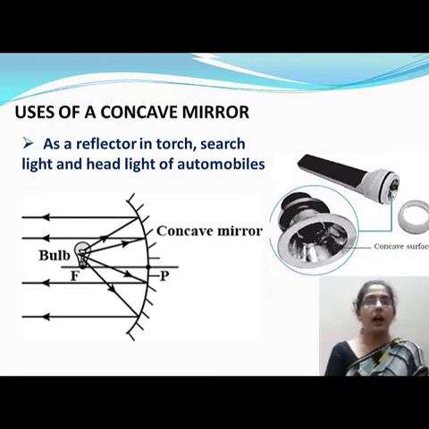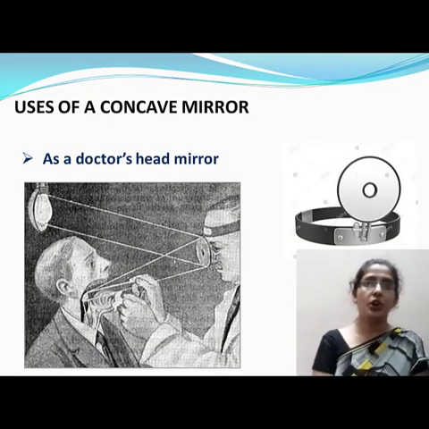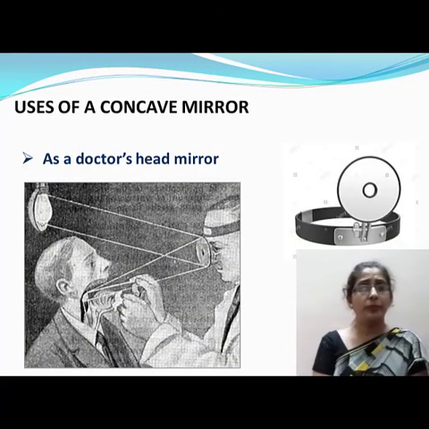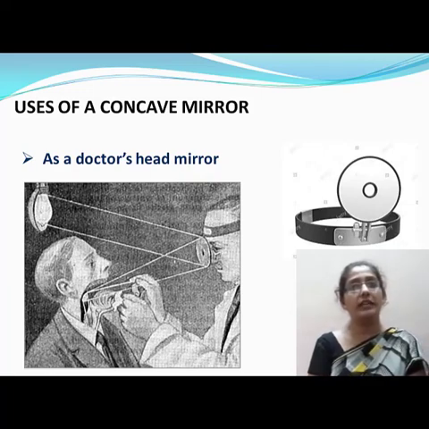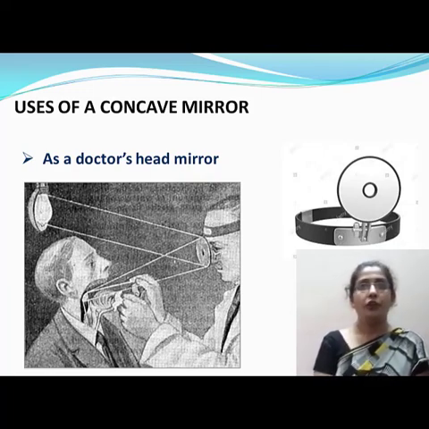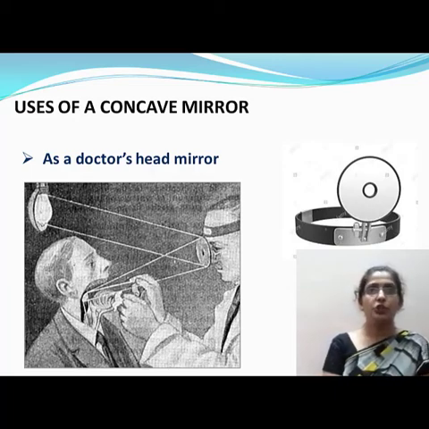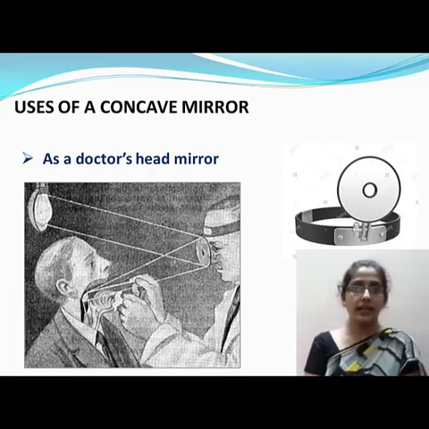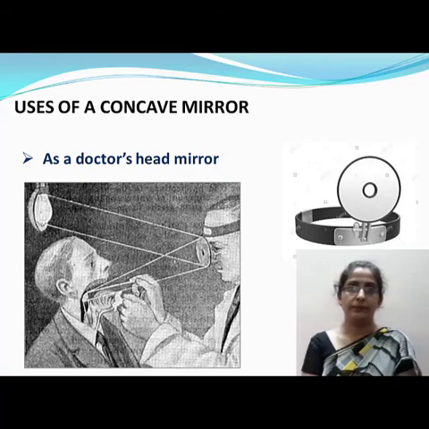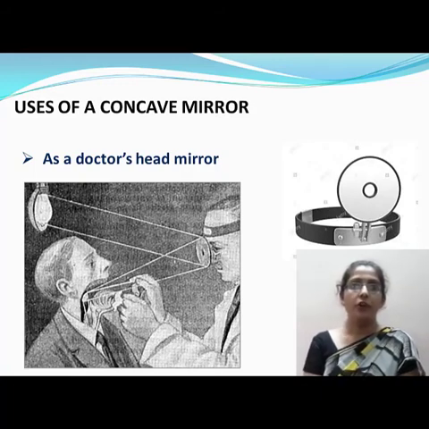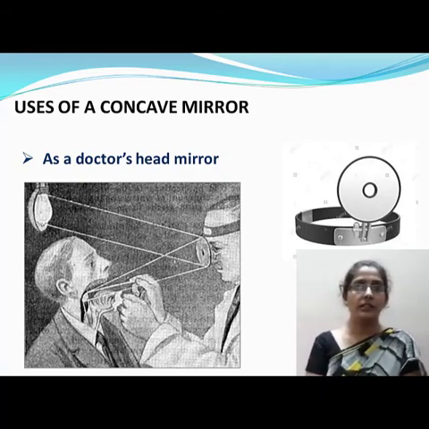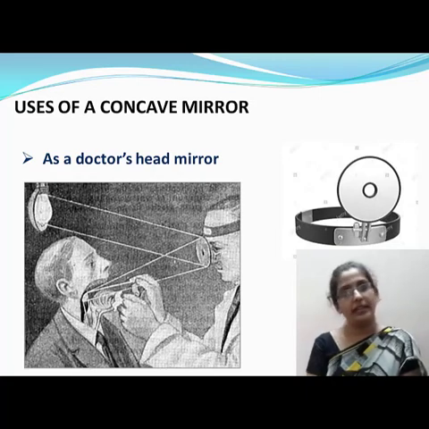So the rays after reflection become parallel to each other and we get the parallel beam as needed. Third, in the doctor's head mirror, which you must have seen whenever you go for an ENT checkup. For this, a parallel beam of light is made to fall on the mirror tied on the doctor's head. The concave mirror focuses the beam of light on the body part to be examined.